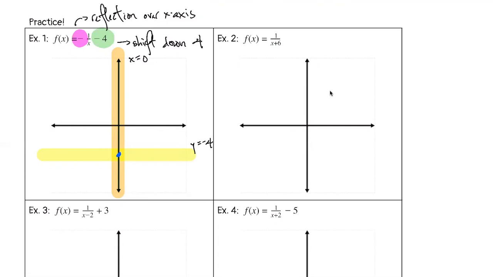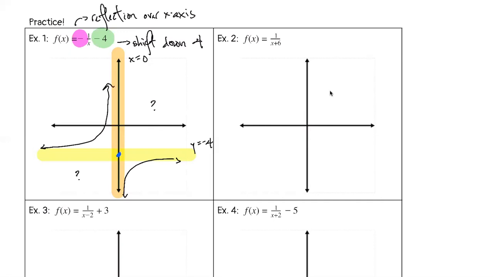Now let's think about our reflection. So the reflection means that instead of a branch being up here, it's going to flip over that yellow line and be down here. And instead of the second branch being down here, it's actually going to be above the yellow line.